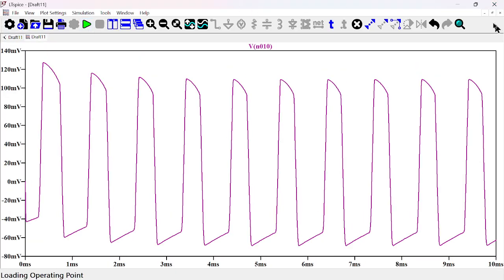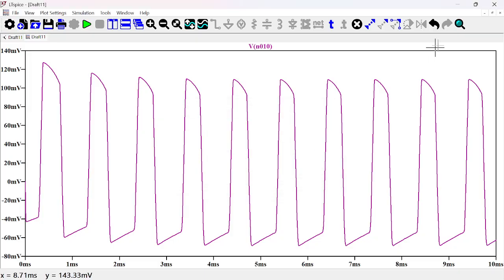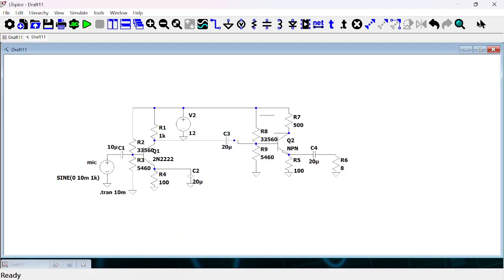Okay, so almost there in building our circuit. REGM of our biasing.